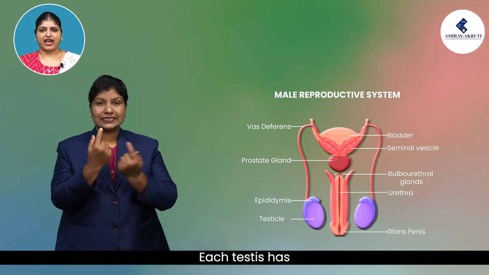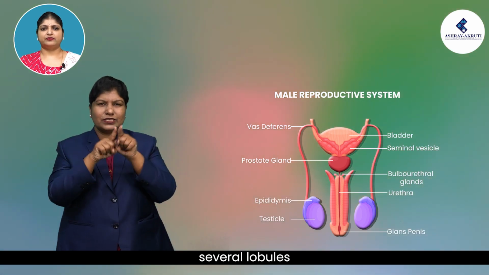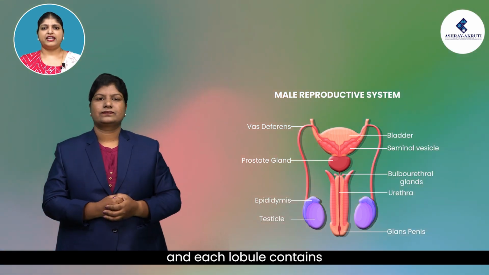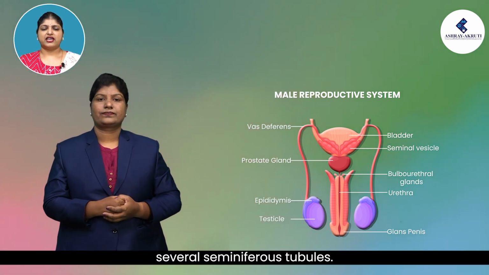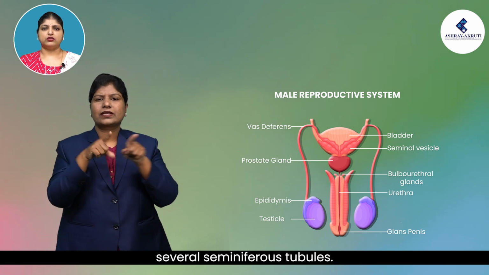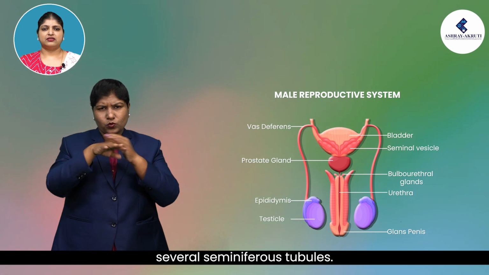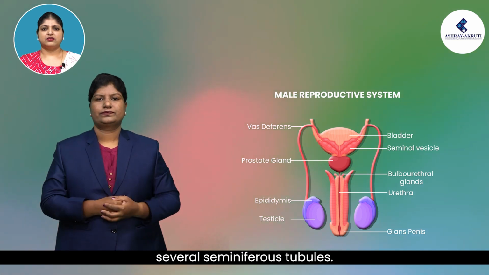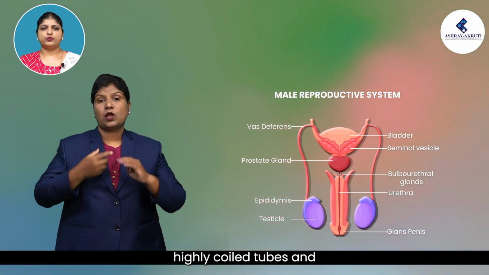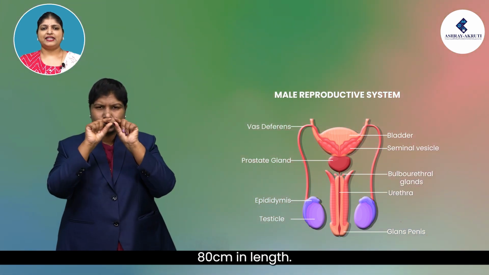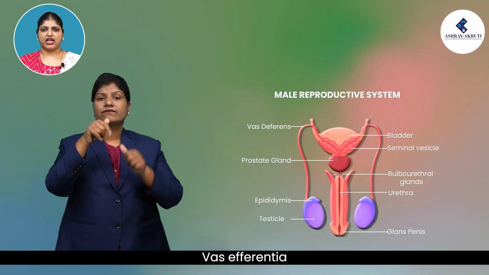Each testis has several lobules and each lobule contains several seminiferous tubules. They are small, highly coiled tubes 80 centimeters in length.